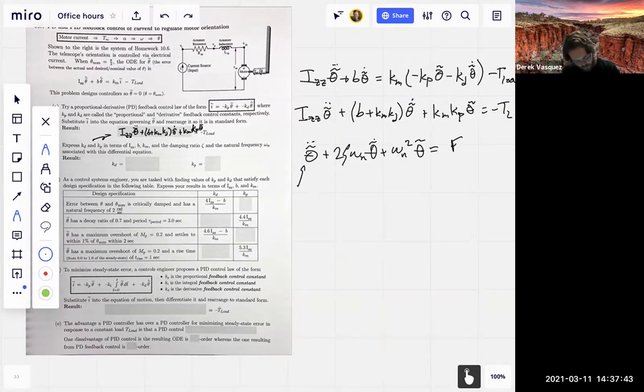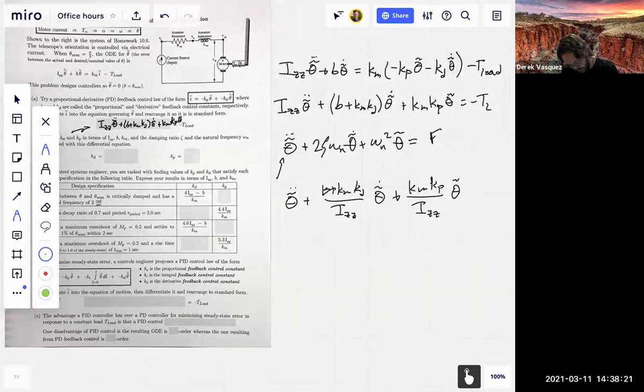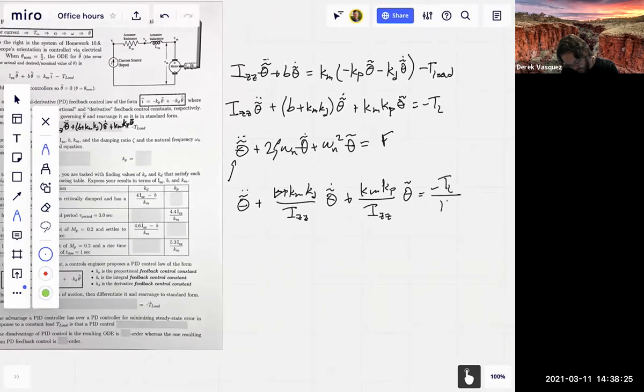So we have theta tilde double dot plus B plus Km Kd over Izz theta tilde dot plus Km Kp over Izz theta tilde equals negative T load over Izz.